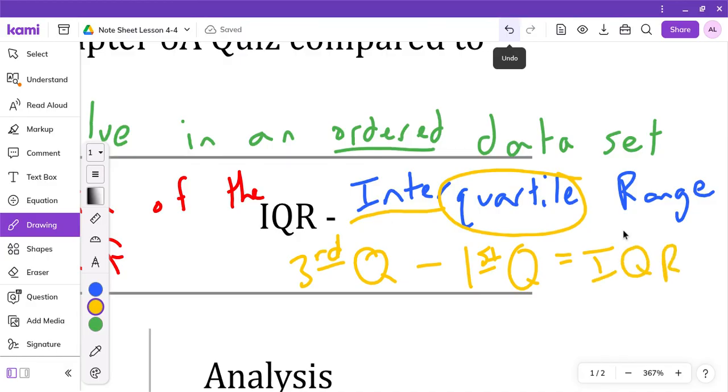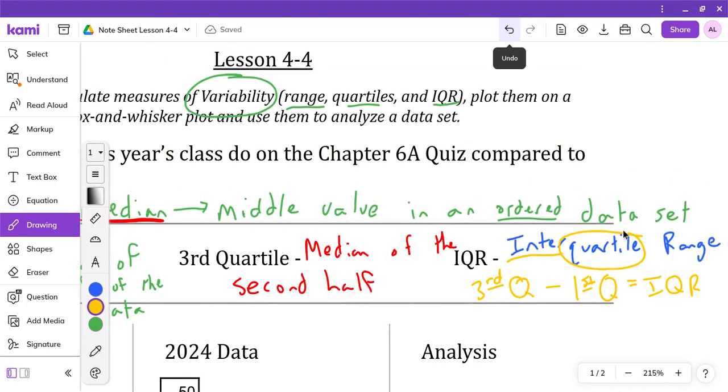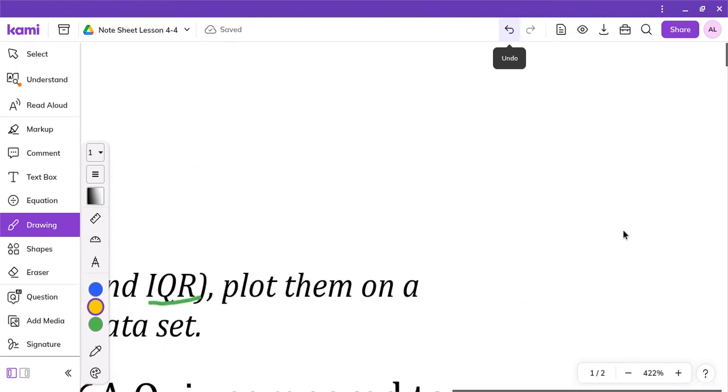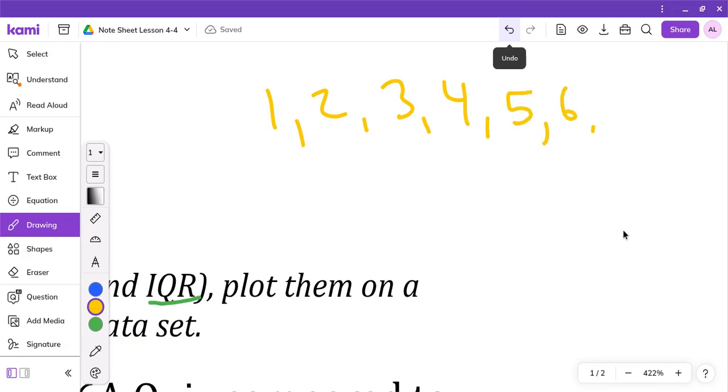Now, the advantage of that is, let's say you've got an outlier. Let's say my data set is 1, 2, 3, 4, 5, 6, 738.